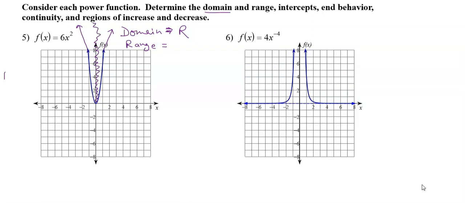So the range is all real positive values including 0. You can also write it like this: all the values from 0 to infinity. At infinity we always put an open interval and at 0 it is a closed interval.